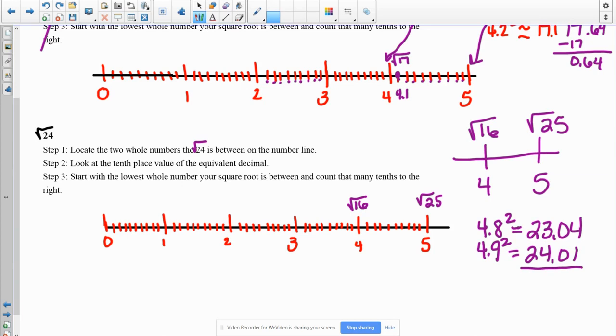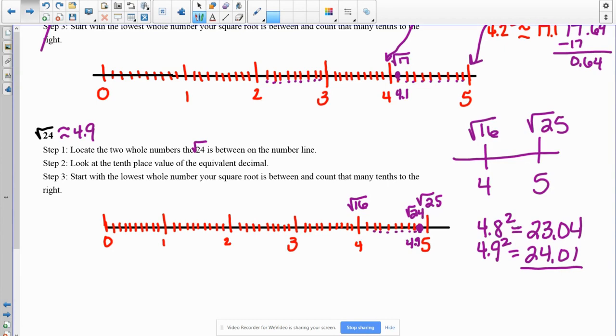So I know that 4.9 is my best estimate for the square root of 24. I go through my tenths: 4.1, 4.2, 4.3, 4.4, 4.5, 4.6, 4.7, 4.8, 4.9. I make a big mark there, a data point, and say that this is 4.9, the square root of 24.